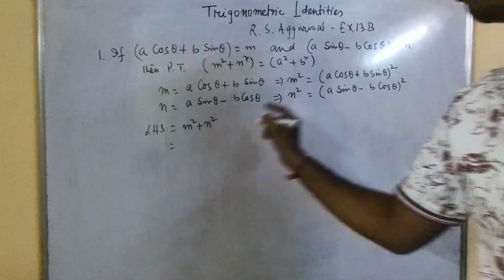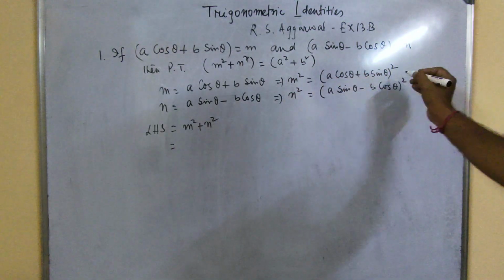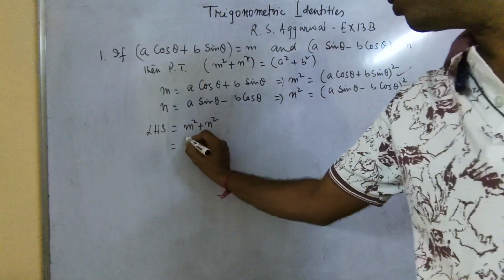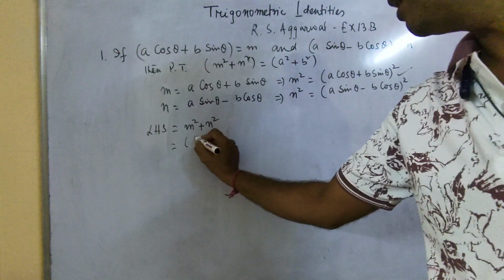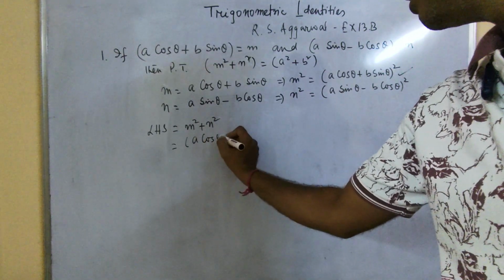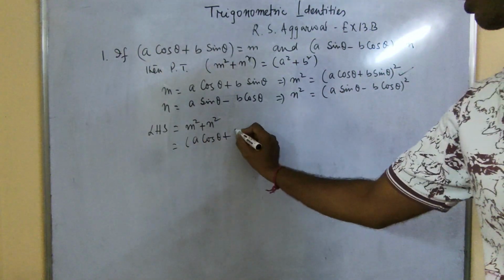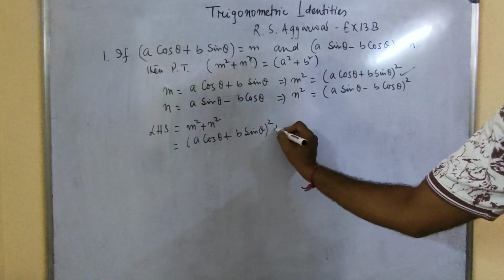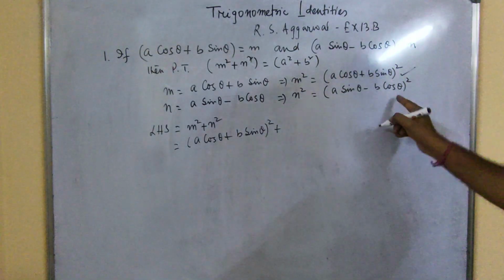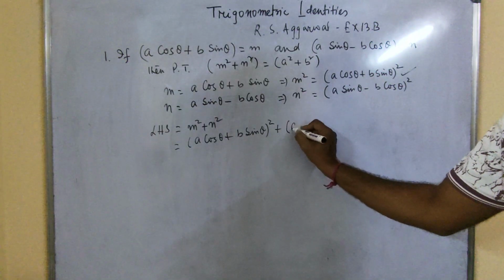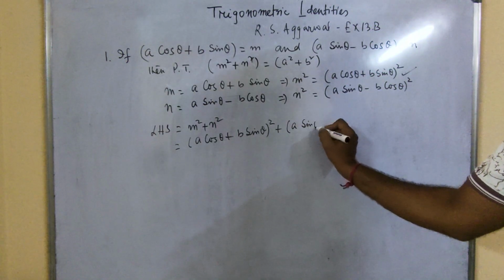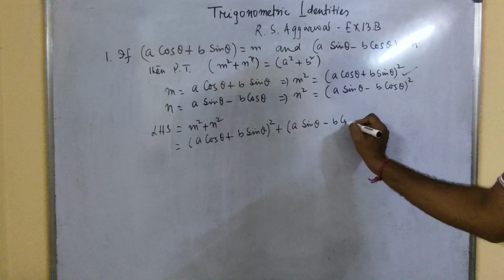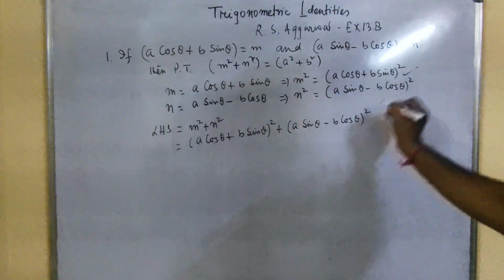Now put the value of m square. M square is already given, so we write (a cos theta plus b sin theta) whole square, plus n square, which means (a sin theta minus b cos theta) whole square.